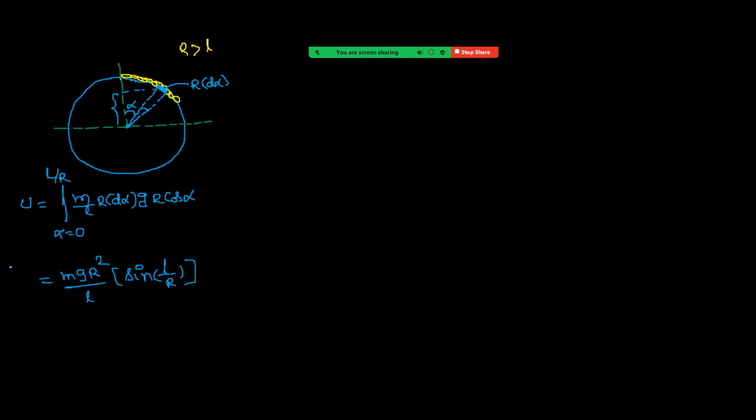Now see the second one. The first part, finding the gravitational potential energy of the chain, is over. Second part: suppose the chain is released and slides down the sphere. Find the kinetic energy of the chain when it has slid through an angle theta. Let me make a diagram for this one.